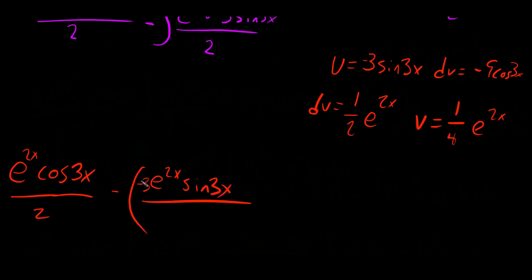I like having the numbers in front of e. I think it looks nicer. Over 4, obviously, minus integral of v du. I know these things look literally the same, but considering u was up here, this is du.